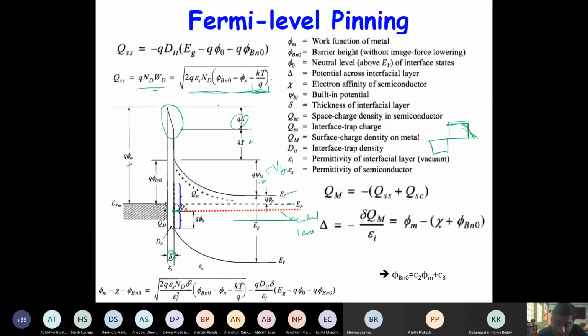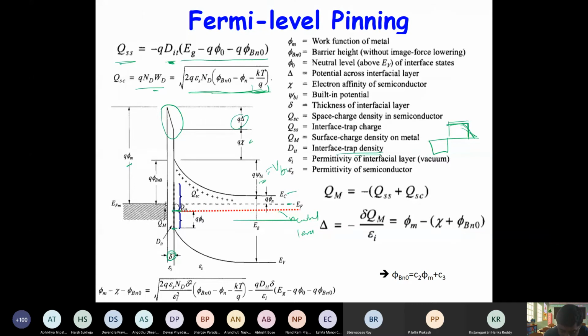Now at the surface or the interface, the charge is given by the density of states called DIT, the interface trap density, the number of traps. So it's like density of states, then times the energy. Now energy of which region?